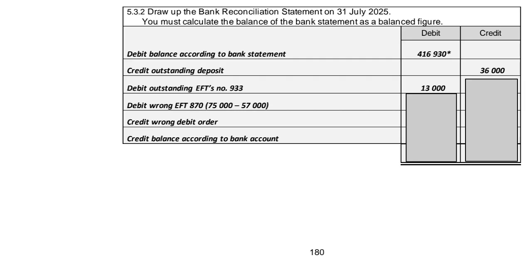To correct the error, we're going to say 75,000 minus 57,000, because the amount in the bank statement was 75,000, but in the cash payments journal is 57,000, and the 57,000 from our cash payments journal is correct. So the difference of 18,000 needs to be debited.